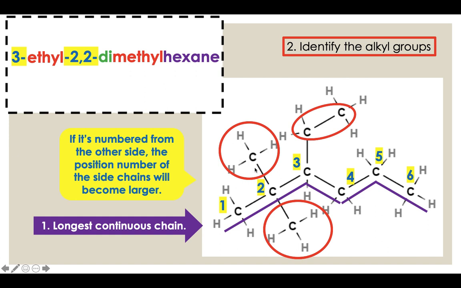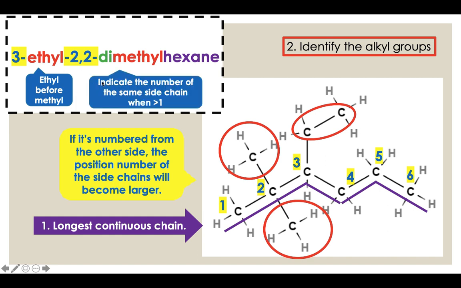But why do you put ethyl here and methyl there? Because for the names of the side chains, we need to put them into alphabetical order. So E is before M in the alphabet, therefore ethyl before methyl in the name. Also, you'll notice that when there is more than one of the same side chain in the entire molecule, then we have to add di, or in some cases it might be tri or tetra.